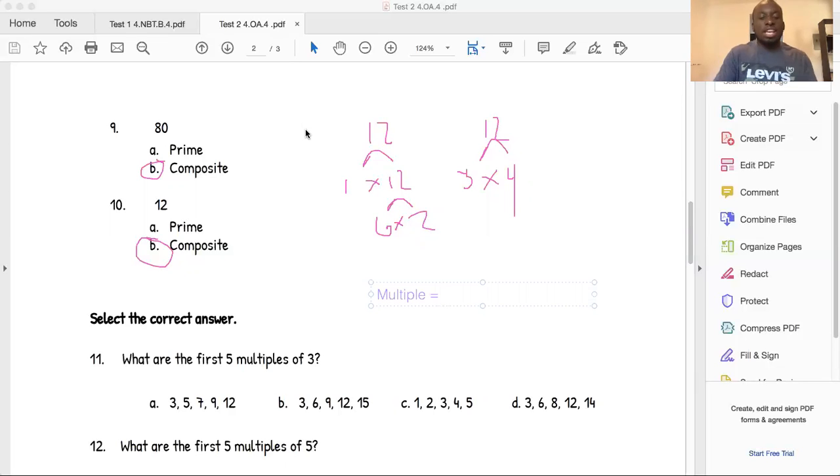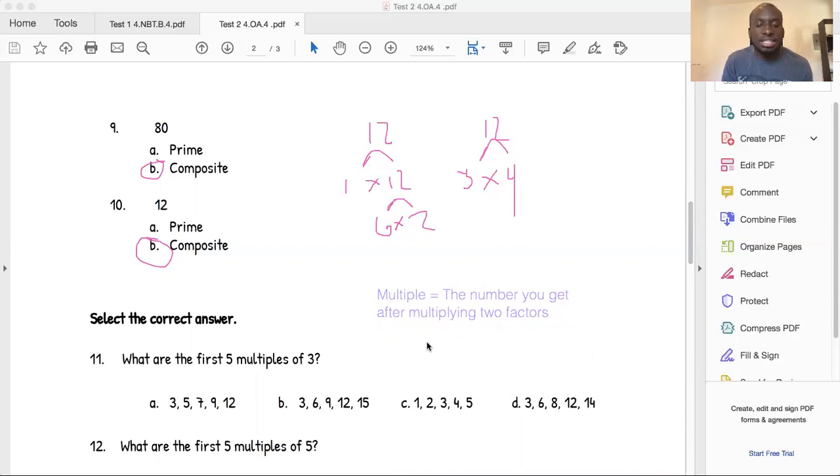So a multiple is what you get after multiplying two factors. Yes, a multiple is the digit, I should say, the number you get after multiplying two factors.